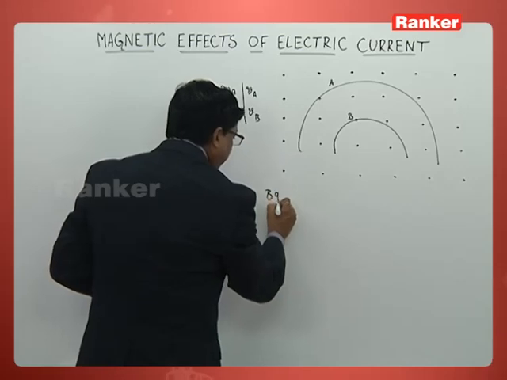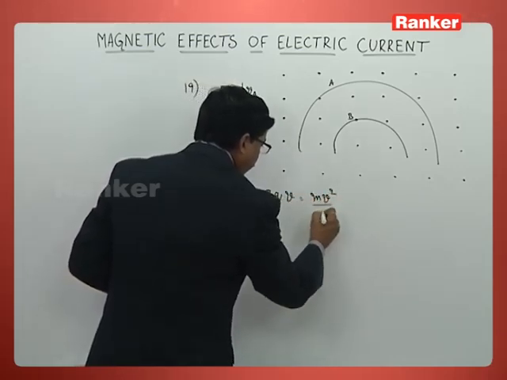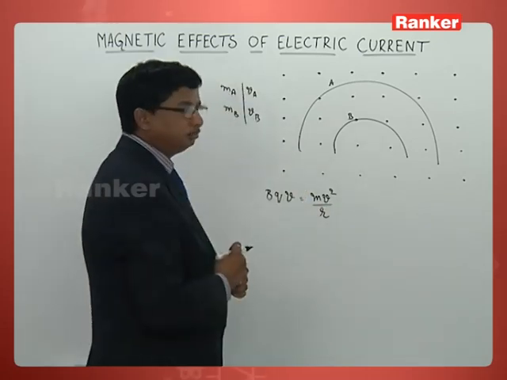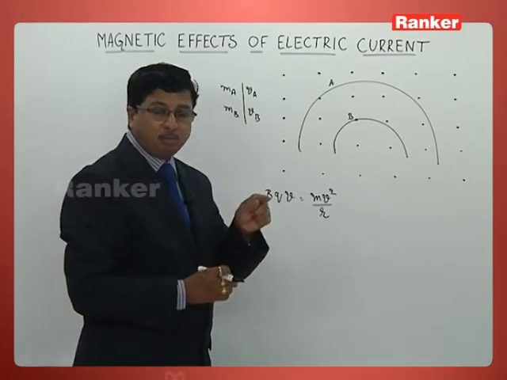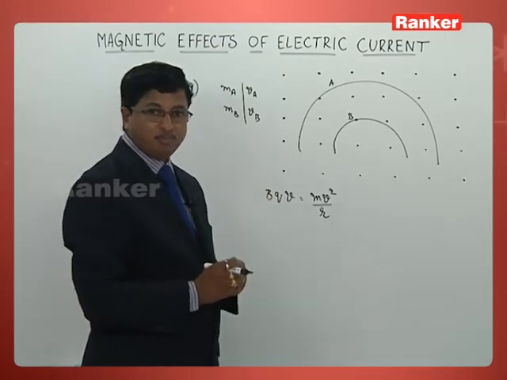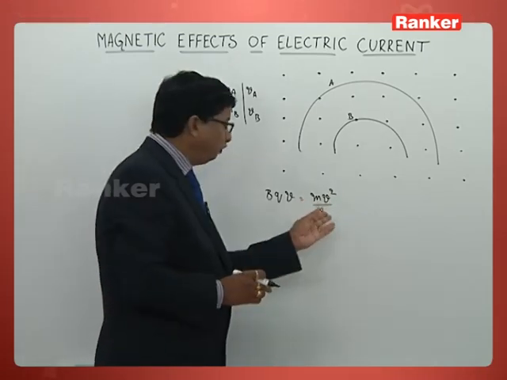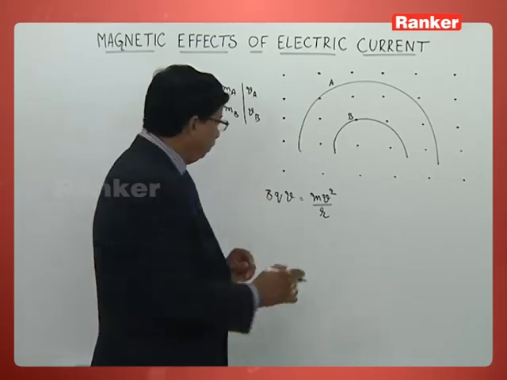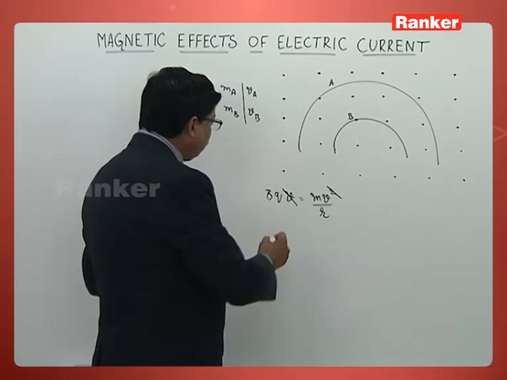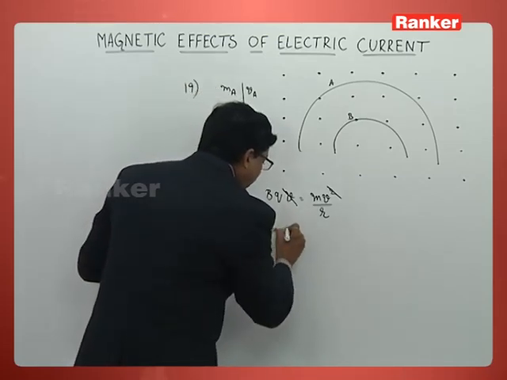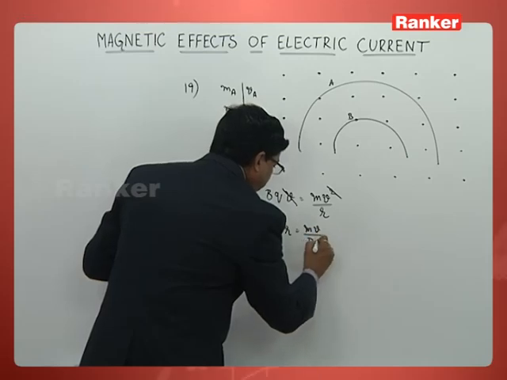BQV must be equal to mv square by r. This is the centripetal force which has been caused by the applied magnetic field, and this one the centrifugal force, which of course is mv square by r by formula. Now you can cancel this v. Then what can we write now? R is equal to mv by BQ.